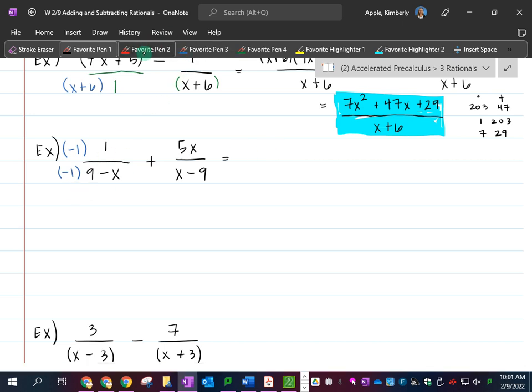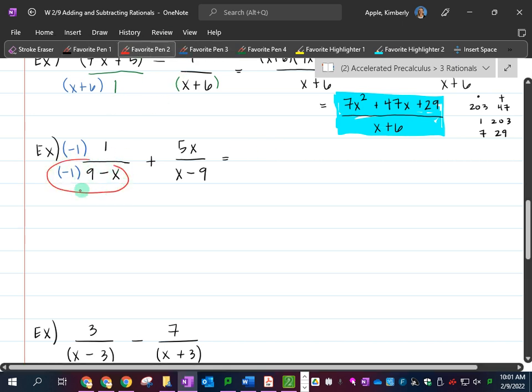All right, because this will make this x minus 9. So my common denominator is just x minus 9. The top is going to be -1, and then you'll have plus 5x.